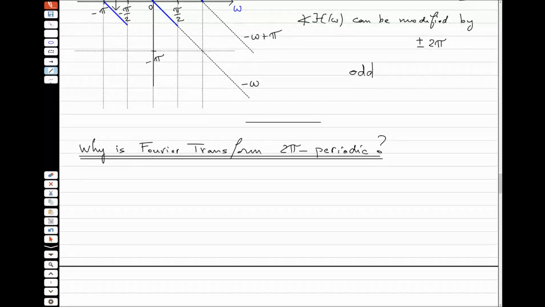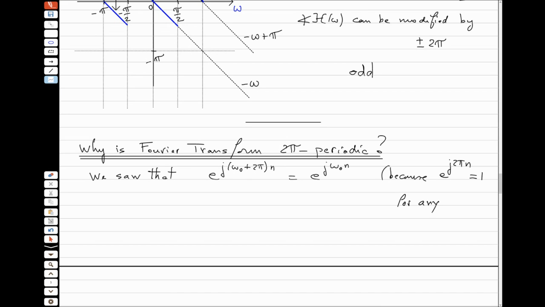All right, we saw that if you add 2-pi to a frequency, you get the same thing, because e to the j 2-pi n equals 1 for any integer n.